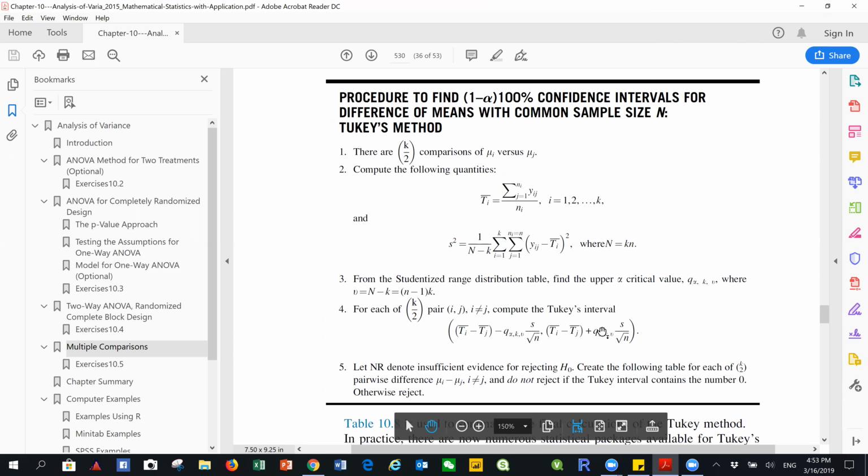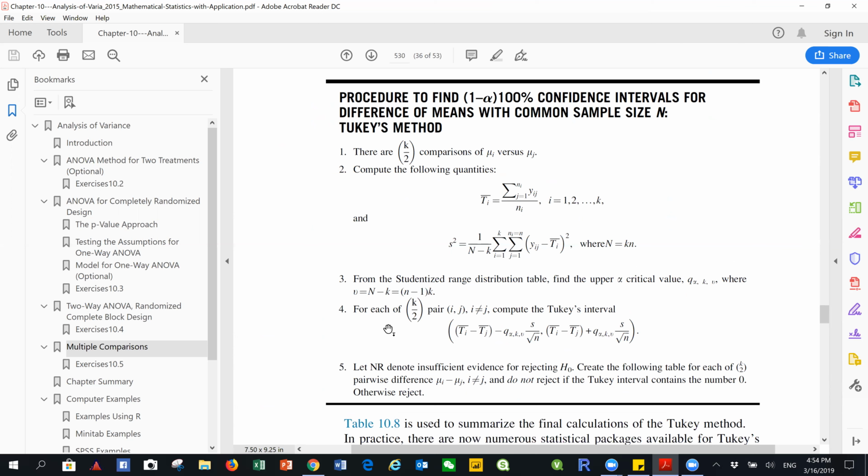Then you calculate the variance within the samples. Then, using the studentized range distribution table, find the alpha critical value. Use the table to find it.